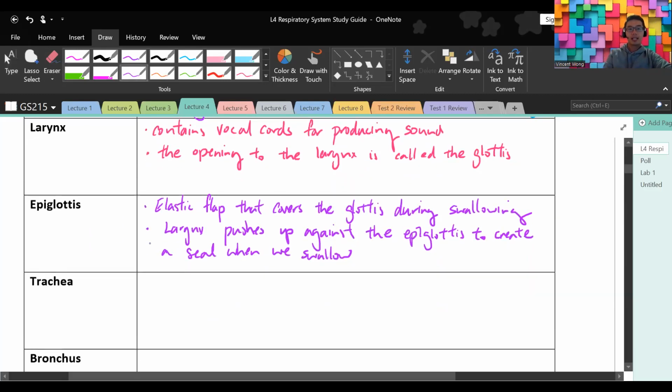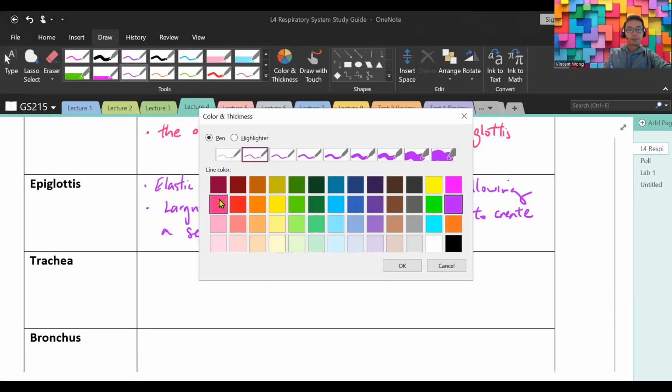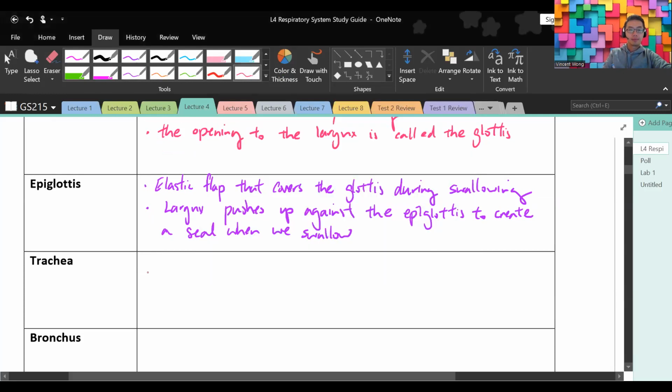Next we have the trachea. Right? Trachea is the windpipe. Okay. It is in front of, or anterior to, the esophagus.